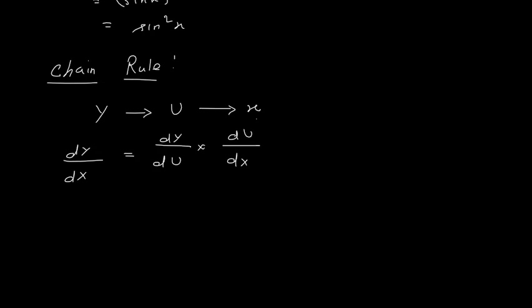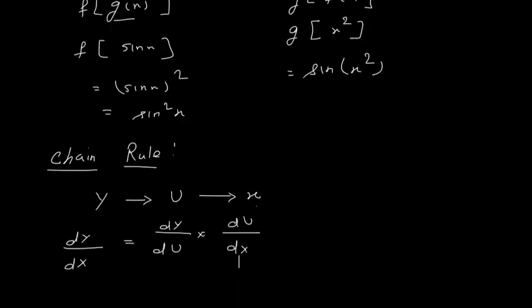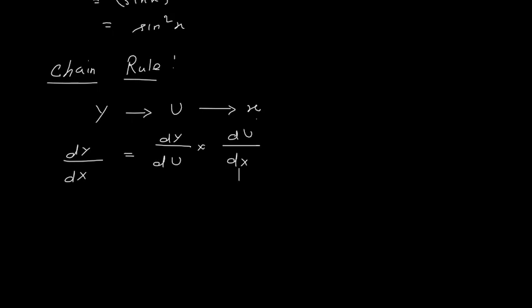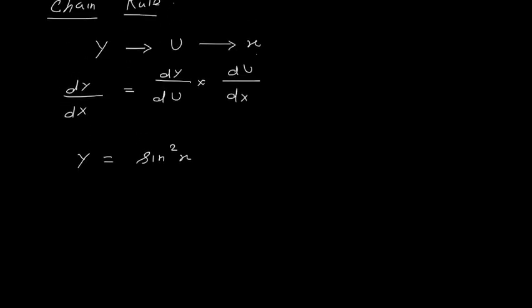Now I will take this example only, where y is equal to sin square x. You already understand that y equals sin square x is a composite function. So I will take another function.